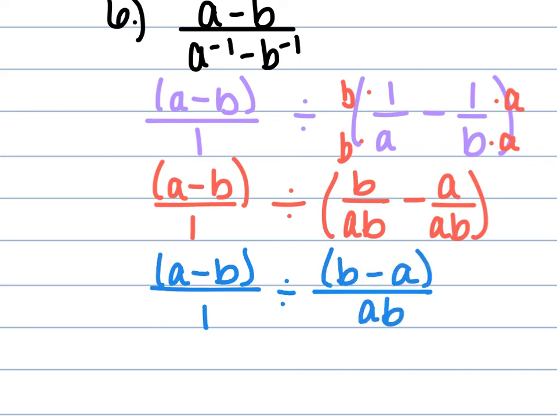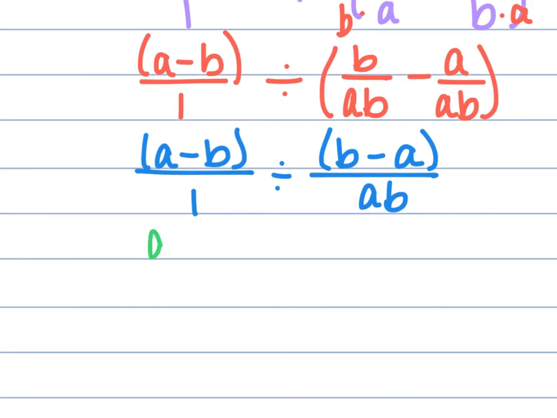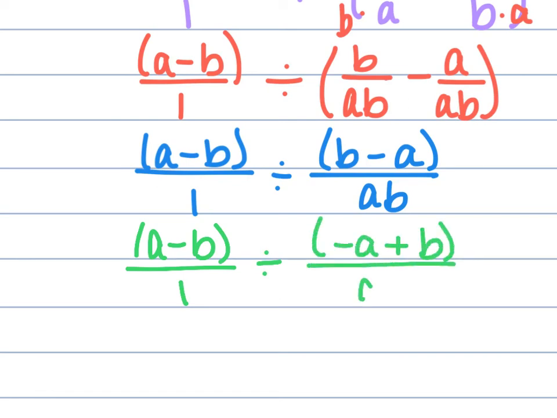ab. From here, your b minus a, you can go ahead and rearrange that so that it's negative a plus b if you want. So that way it's a minus b over 1 divided by negative a plus b over ab. We can factor out a negative 1 from that, which is going to turn it into a minus b.